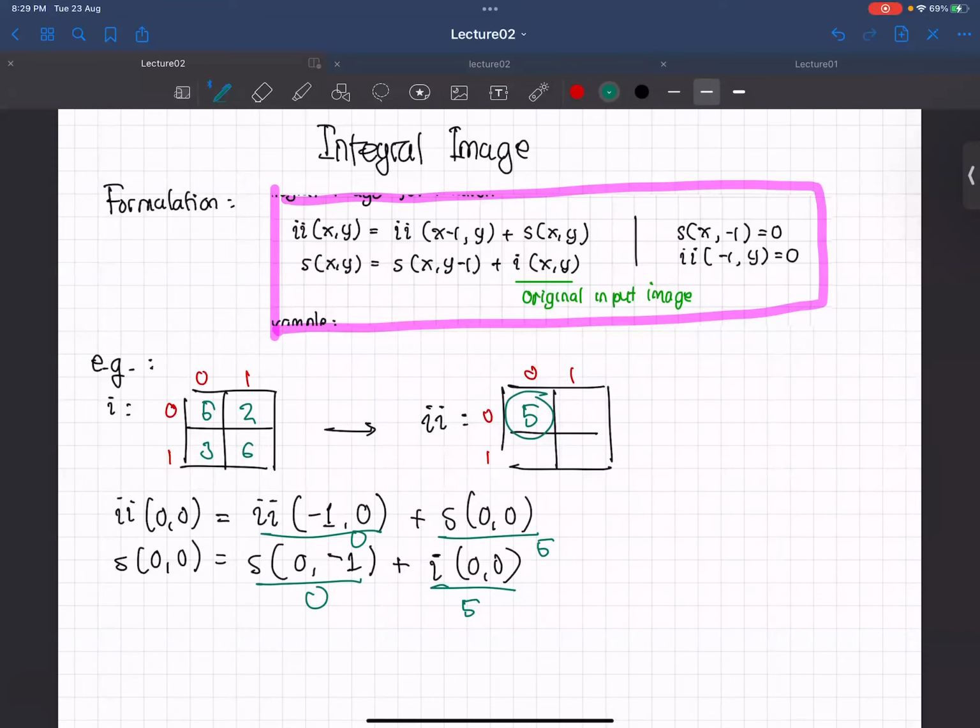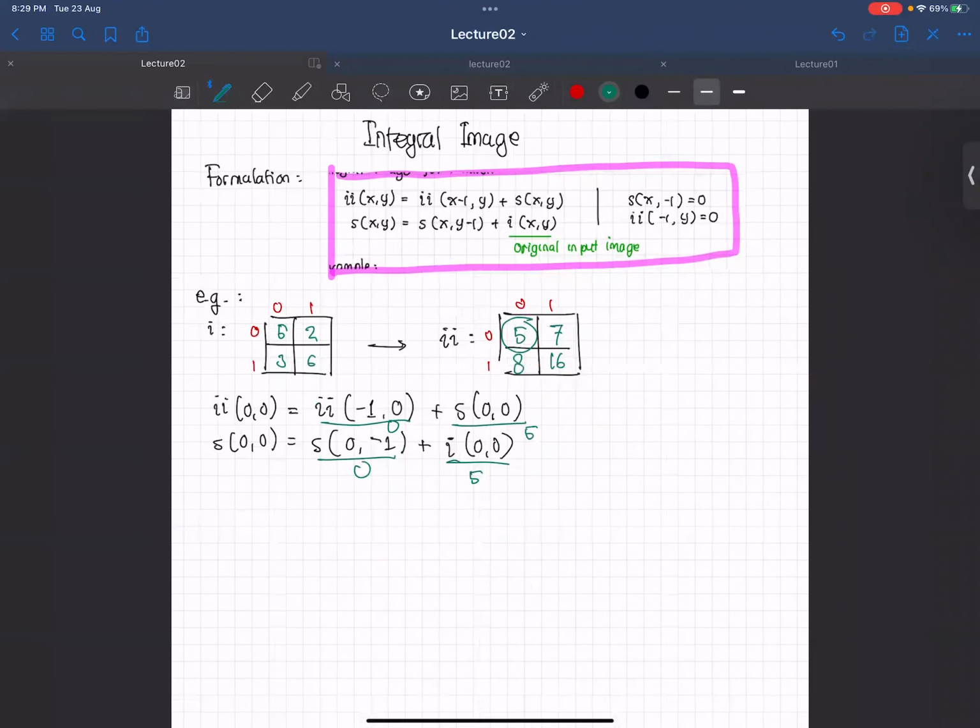You do this for all the locations. In the end, you will get 8 here and 7 there, and this one will be 16. All right, so that's the definition, the understanding, and the example of the integral image formulation.